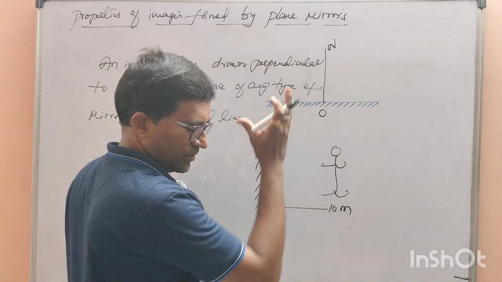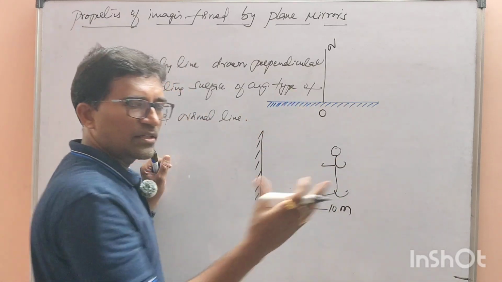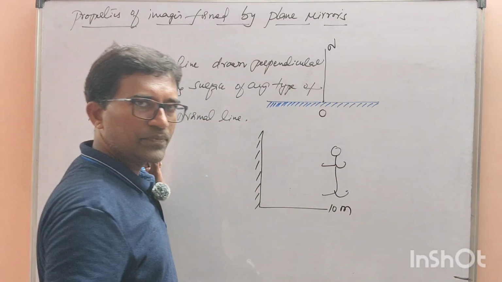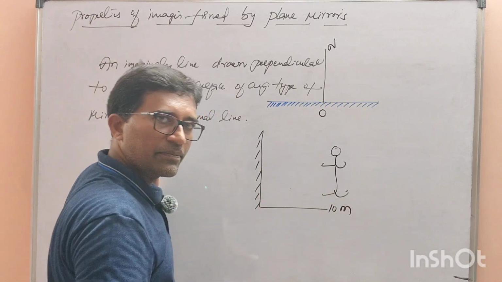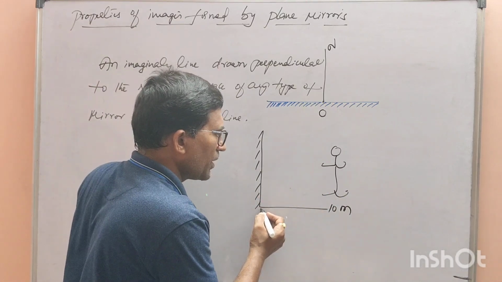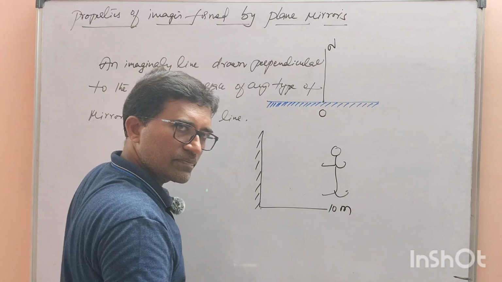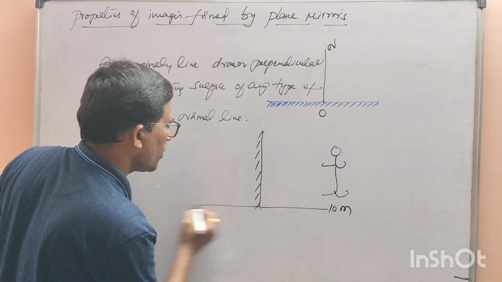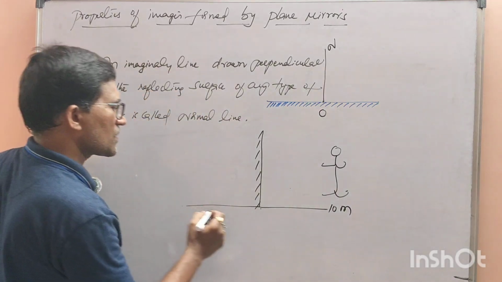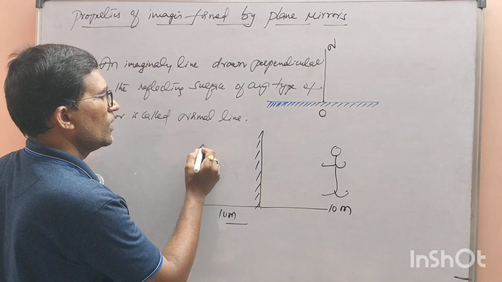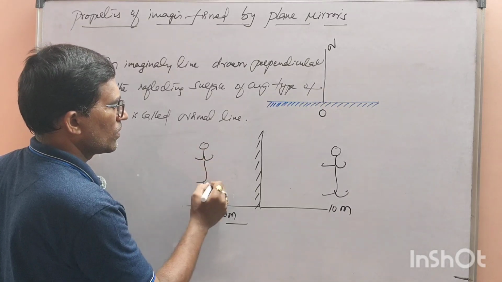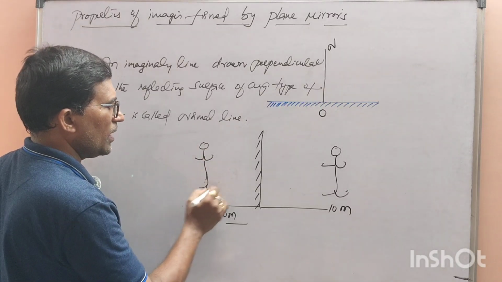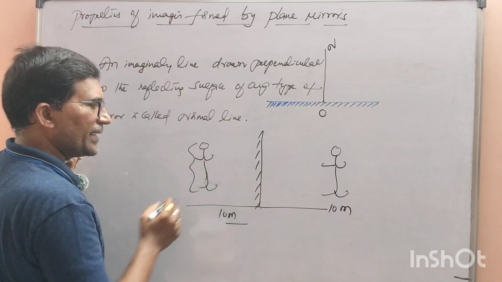Now you are seeing your dressing style and everything by standing in front of this mirror. If you stand in front of the mirror, the distance from the mirror to you is 10 meters, and the image is also formed in the mirror at a distance of 10 meters only. The height is almost the same.